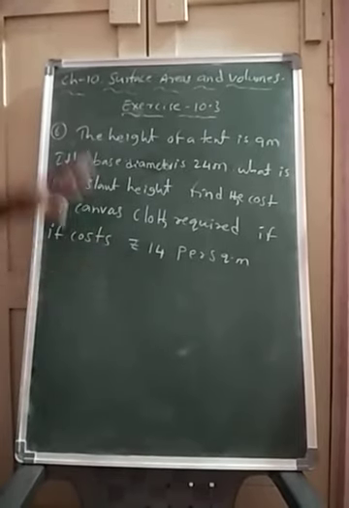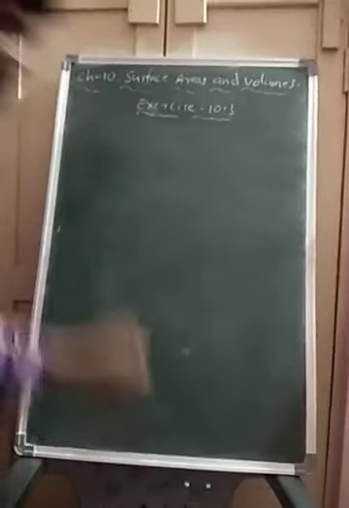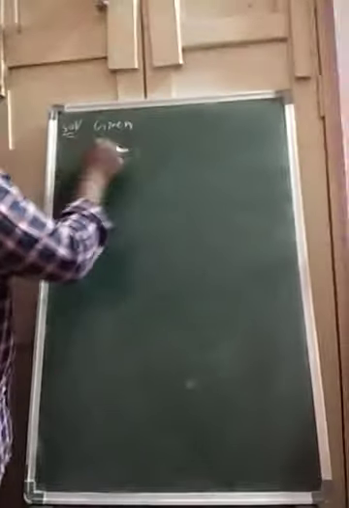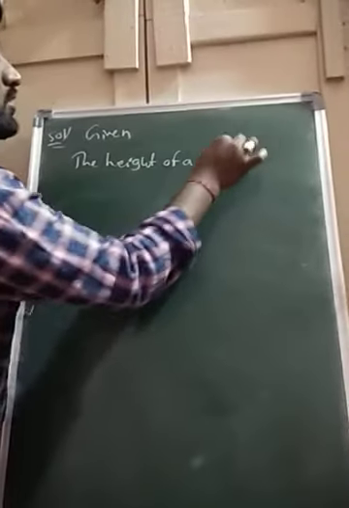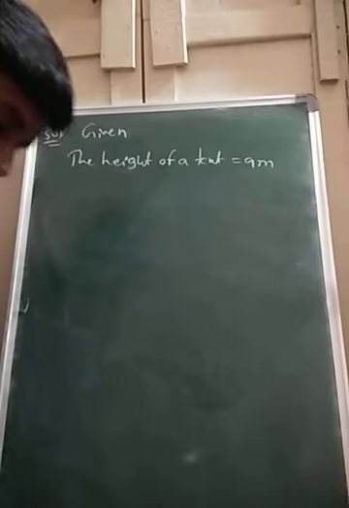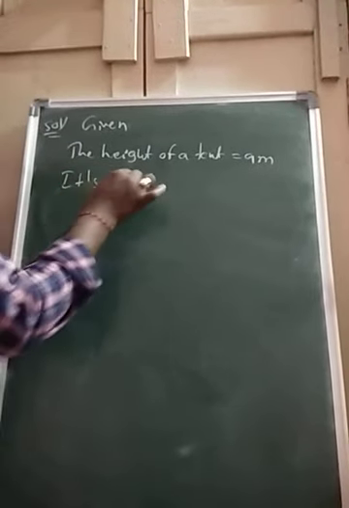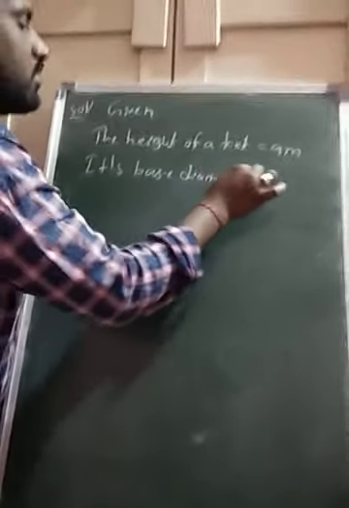Okay now students, from this question I am going to write the data. Given the height of a tent is equal to 9 meters and its base diameter is equal to 24 meters.